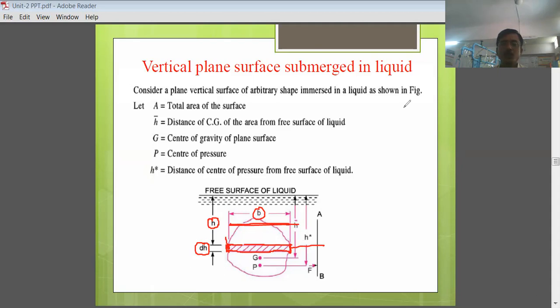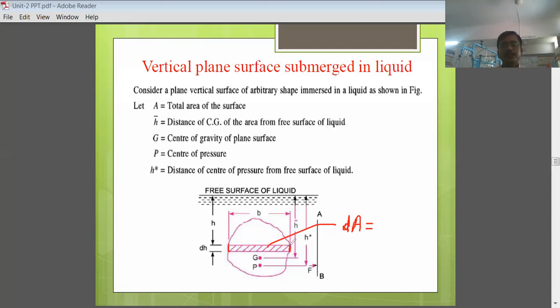So what will be the area of this strip? The area can be denoted by dA. Capital A we have denoted for the entire area. Now the area of this strip can be represented like this. We have taken a small strip, so the curvature can be neglected because the strip is very small.